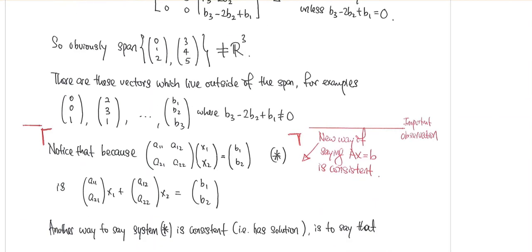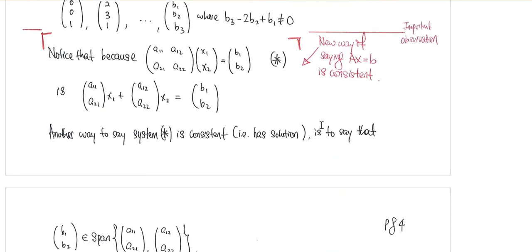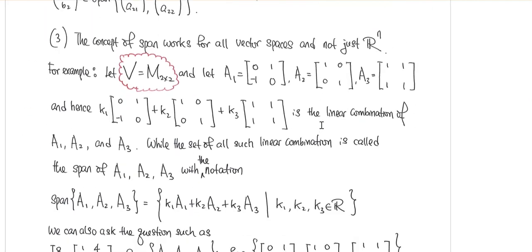Here in the notes, you will see that, for example, in R3, these two vectors are not enough to span R3, which means that in this case, you can find some vectors that cannot be written as a linear combination of these two vectors. We can also change space and look at, for example, the vector space of matrices of size 2 by 2, and we can ask the same questions.